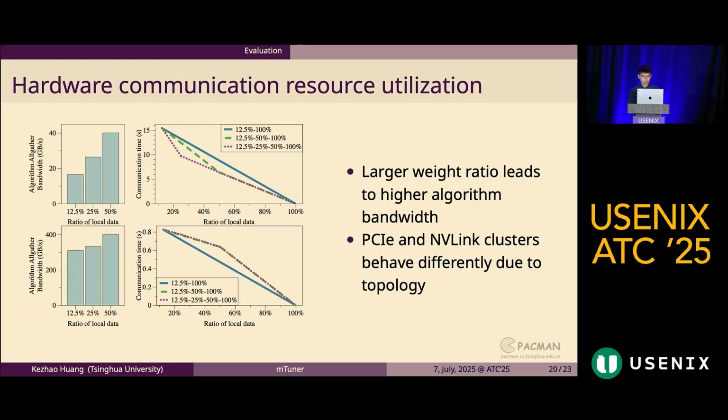On the left, we show how the ratio of weight data to the total communication affects the effective algorithm bandwidth. This effect is especially significant in the PCIe setting, where bandwidth is limited. In contrast, NVLink offers more bandwidth and direct connection, so the behavior differs.